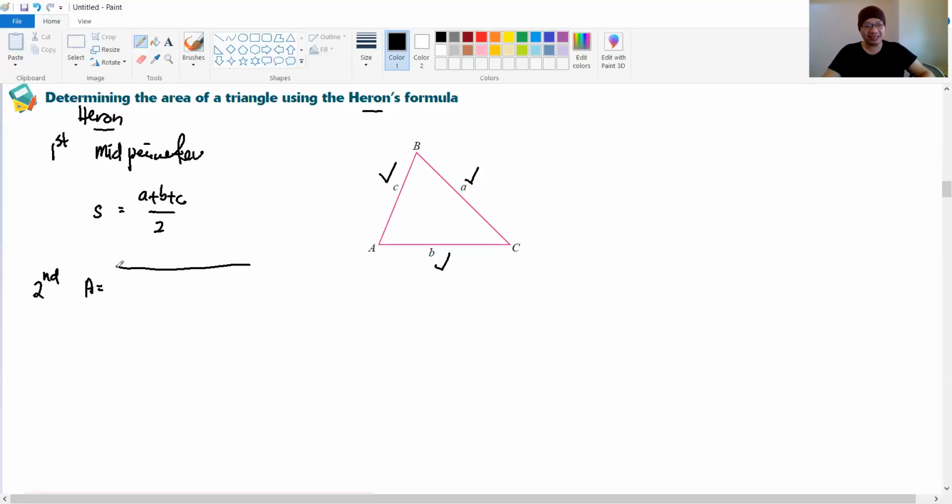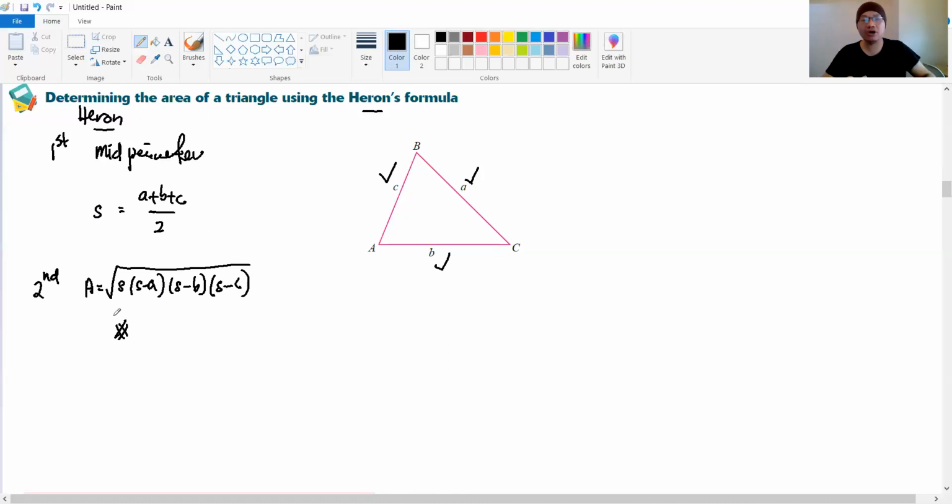It's a big square root. Put your S here, and then the first bracket, S minus A, S minus the length of B, and then S minus the length of C. Done. That is the area of the triangle. You see? Very straightforward.